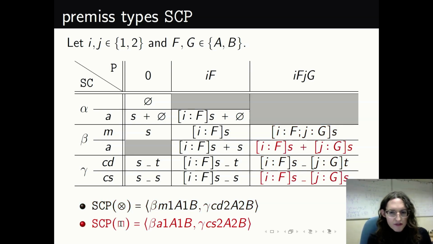And similarly, you can define the row pair for meet. Meet is the additive version of conjunction. Now the only difference is very simply expressed by going from a multiplicative left row to an additive left row. So instead of having both active at the same time, you've got one active at a time in this row.